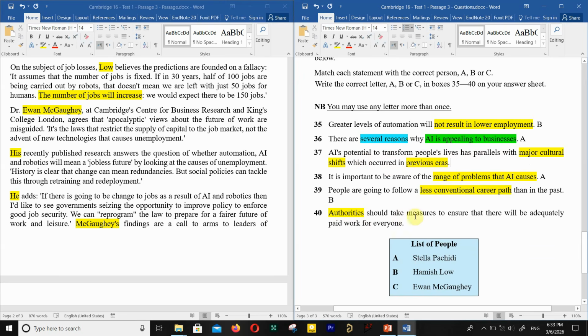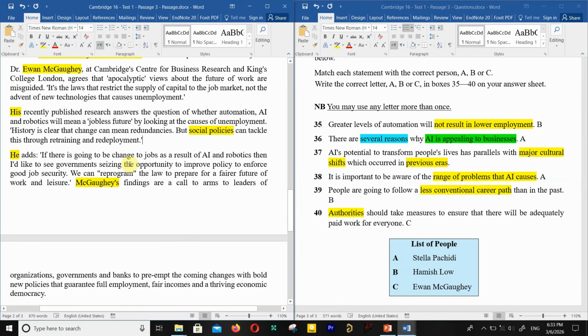Okay, authorities should take measures to ensure that there will be adequately paid work for everyone. Okay, and here it says that history is clear that change can mean redundancies, but social policies can tackle this through retraining and redeployment. Social policies could mean authorities should take measures. Tackle this through means take measures to ensure that there will be adequately paid work for everyone. So this one is C.